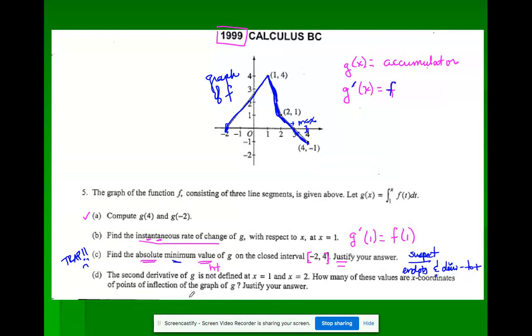So with that idea, look at how they state 5D. The second derivative of g is not defined at 1 and 2. We knew that. Duh. The second derivative of g.